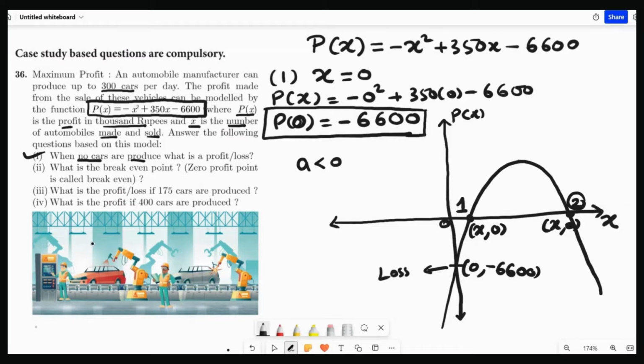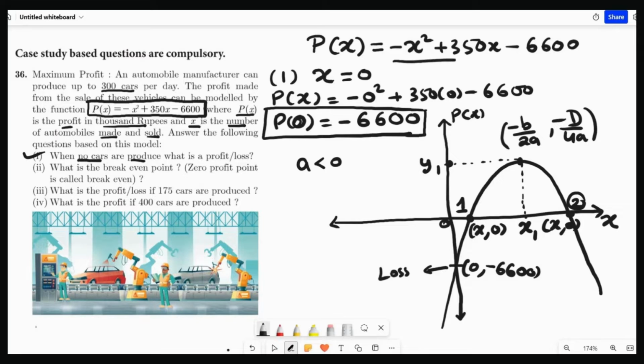Then this graph has a vertex that corresponds to a particular point on the x-axis as well as the y-axis. That particular point on the x-axis, let us call it x1, and the corresponding point on the y-axis, let it be y1. So this is called the vertex. Vertex coordinate is (-b/2a, -D/4a).